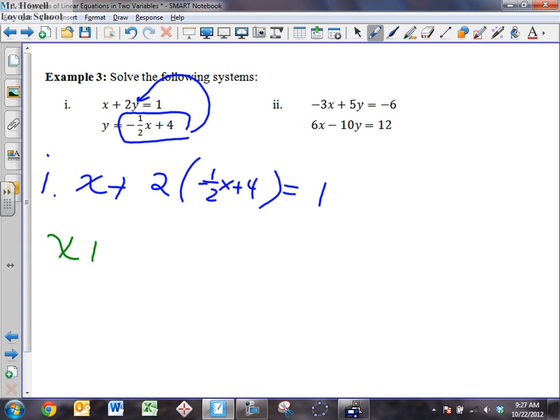X plus, what's 2 times 1/2? What happens with 2 and the 1/2 when we multiply them? Yeah, we just get a 1, but it's a -1/2. Very good. So this is going to become -x. This is going to become 8 equals 1. Finish this up and see what happens. You're going to notice something.